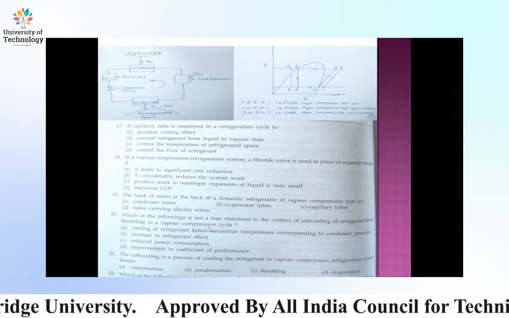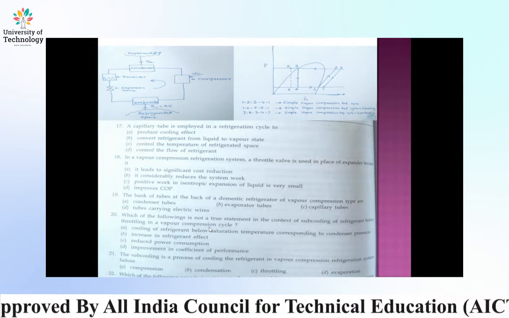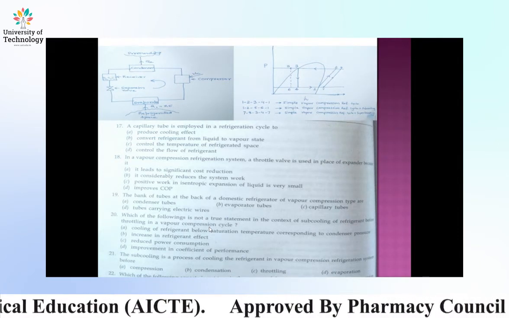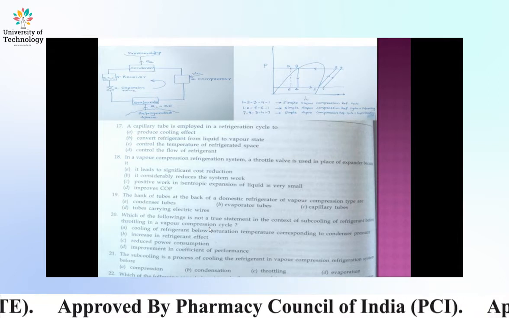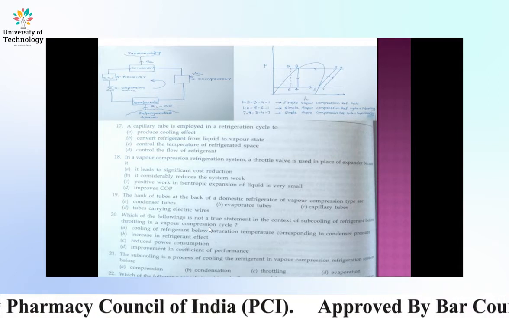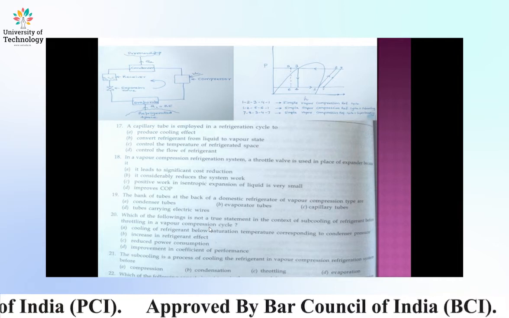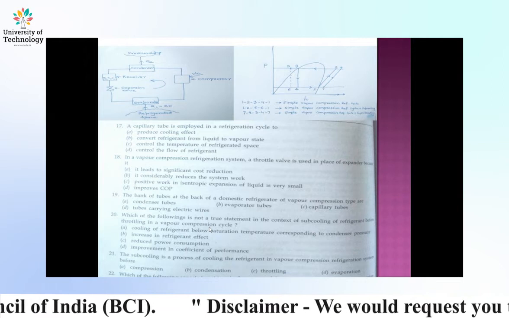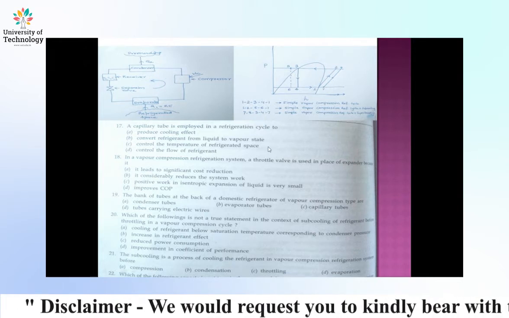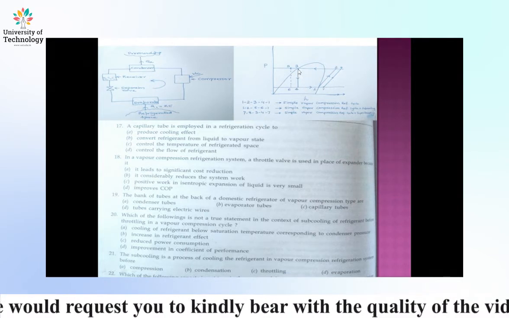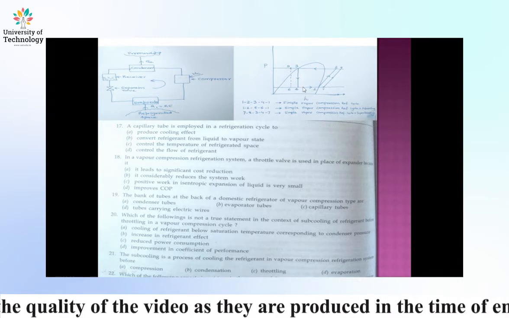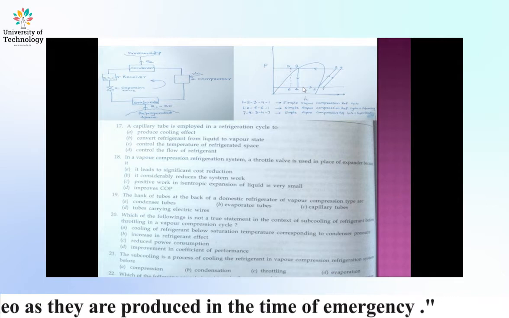Now question 18. In vapor compression refrigerant system, a throttle valve is used in place of expander because... if we use expander, there is a reversible adiabatic expansion process. The point 3 reaches to this condition 4. So by using expander, the refrigerant effect decreases.